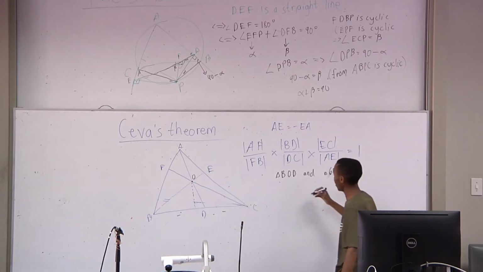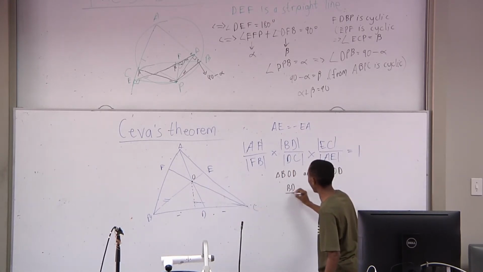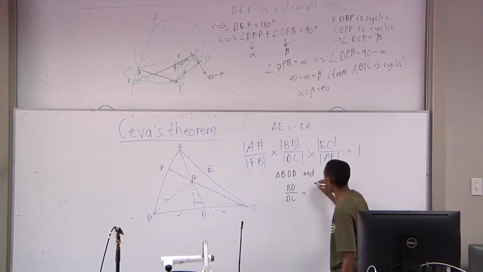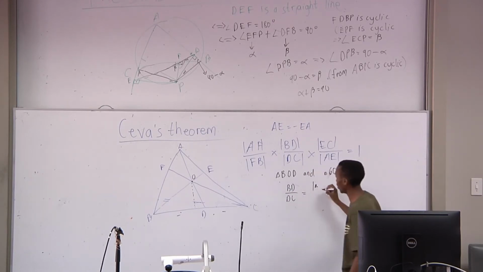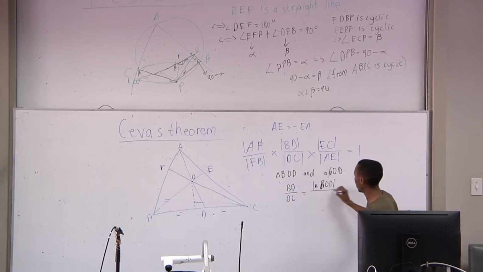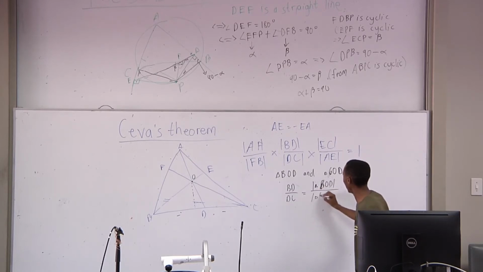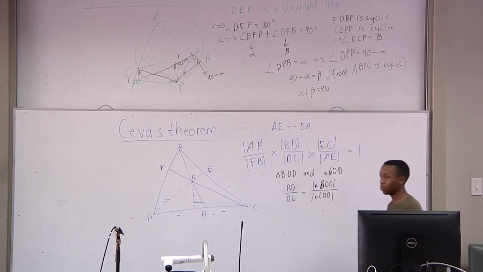So BD divided by DC is equal to the ratio of the area of BOD and COD. These lines around a triangle mean the area of that triangle.